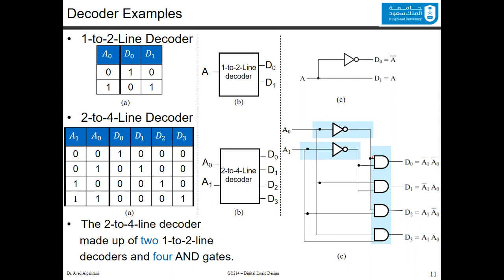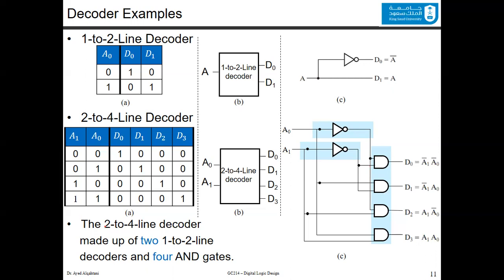Here you have the bar from A1, and you have the normal one from A0. In the other one, you will have the other way around: the bar from A0, and A1 normally. And the last one, you will have the normal values, which is A0 and A1, to generate the third data line.